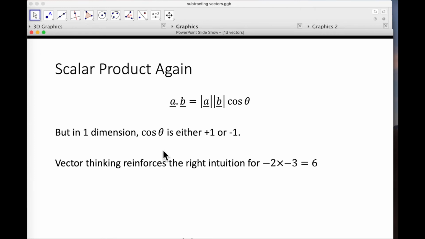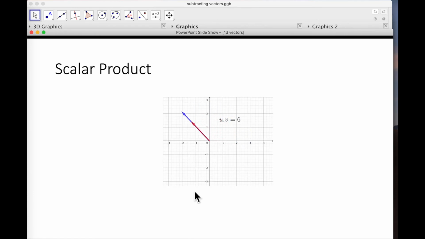Going back to the scalar product, but now using the modulus function, of course, in one dimension, cos theta is either +1 or -1. And so vector thinking here can reinforce the right intuition for why the product between negative numbers is positive. If we look at it in two dimensions, here we have the product of two vectors, one of length 2 and one of length 3, pointing in the same direction.